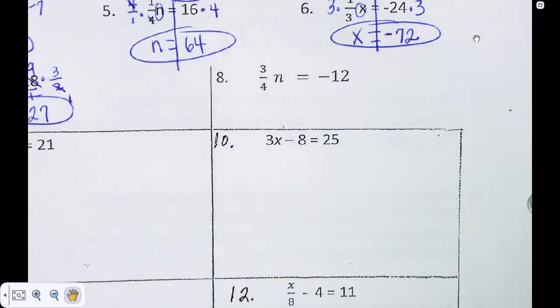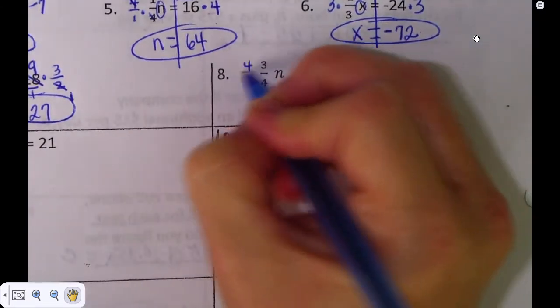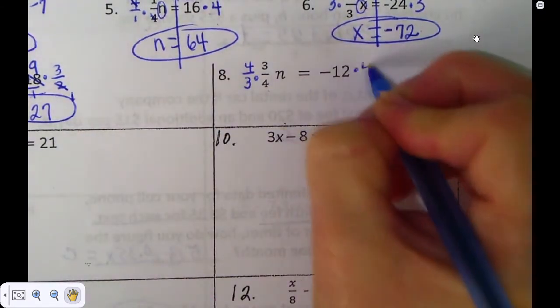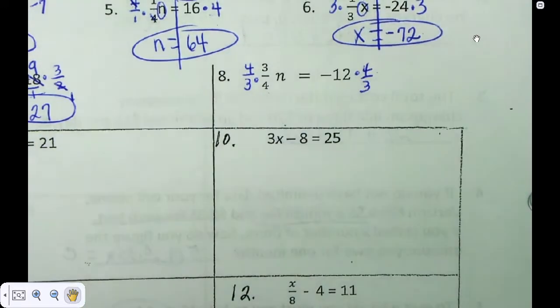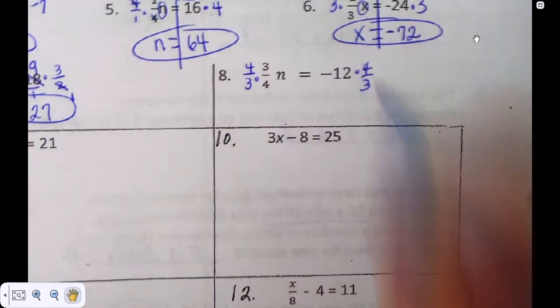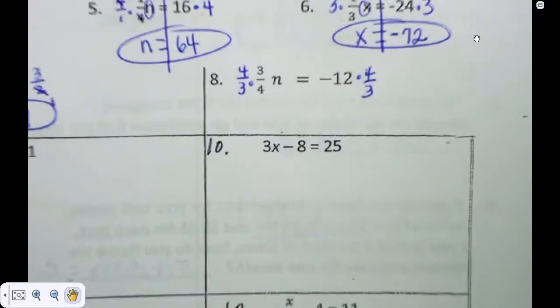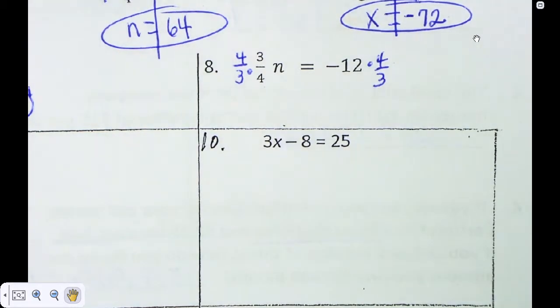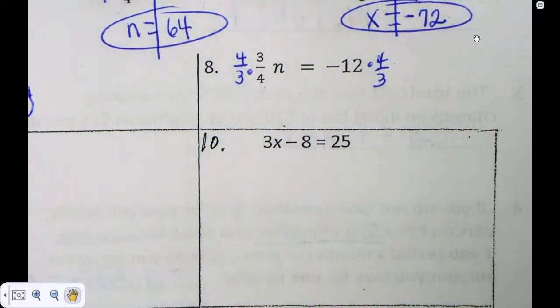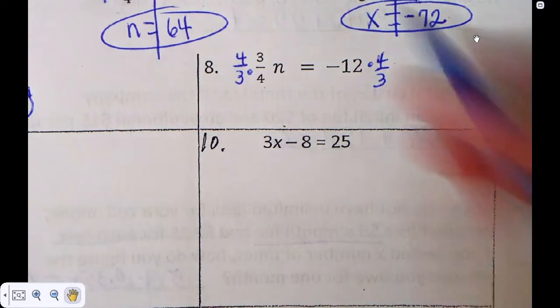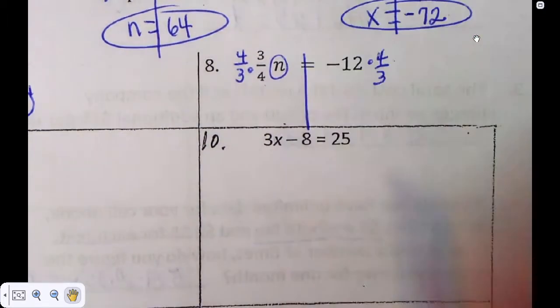Okay, number 8, what is your coefficient? 3/4. What's your reciprocal? 4/3. Right, times 4. Hey, use dots, don't use X's. I didn't say that second period, and people were using X's. Can't use X's because we've got X's and N's in the problem. So, we didn't circle and draw a river.